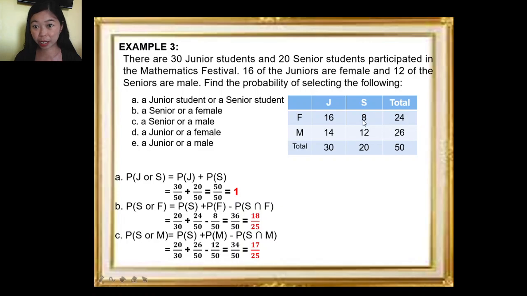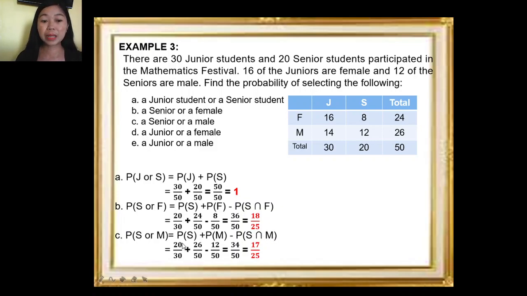So, yung intersection ng senior at saka ng male ay nandun sa 12. That's why nag-minus tayo ng 12. Kasi, yung 12, counted na siya dun sa 20. Ayun, counted na rin siya dun sa male na 26. So, nagkaroon ng intersection yung column and row natin dun sa 12.